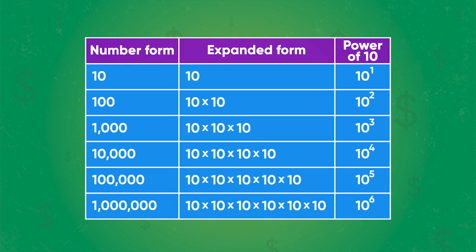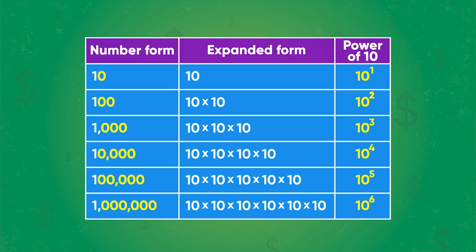Exactly. What patterns do you notice in this table? The power of 10 shows us how many times to multiply by 10. Yes. Anything else? How many zeros there are in the number is the same as the number in the power of 10. Great observation. Notice that 10 to the first power has 1 zero, 10 to the second power has 2 zeros, and so on.